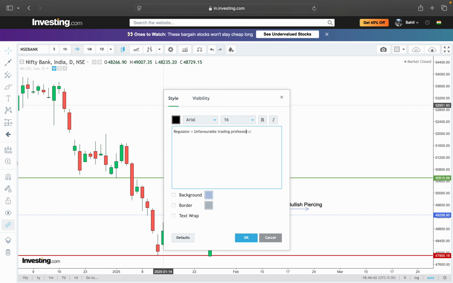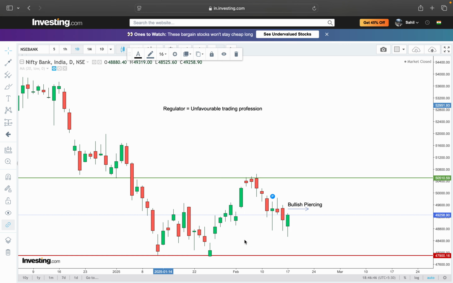That in India, the regulators themselves have an unfavorable view of the trading profession, and consequently they keep raising the barriers to entry because they do not want to create a society of more and more traders. This is something that should be known to you, and if that is known and understood well enough, you may take your positions accordingly.